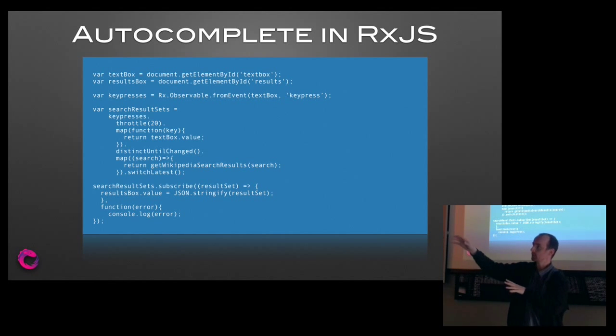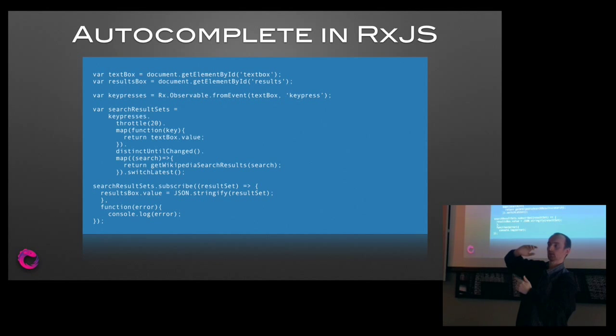And what happens if HE takes a lot longer than HEL? You're going to get a display come back before another one, and then you've got a race condition. You don't want that. What switch latest is doing in this case is going, whatever my latest input, my latest key press is, I'll just stick to that. I'm going to scrap anything before.